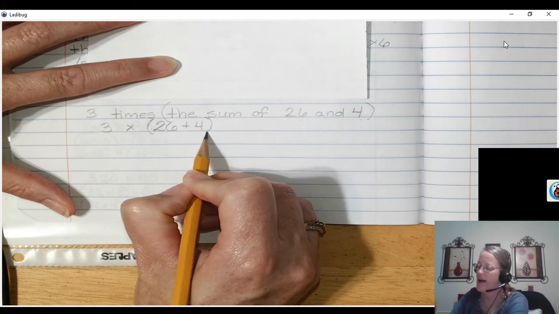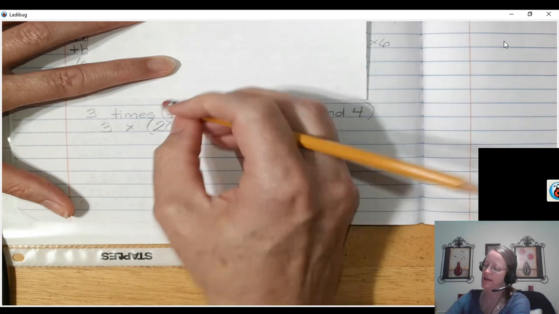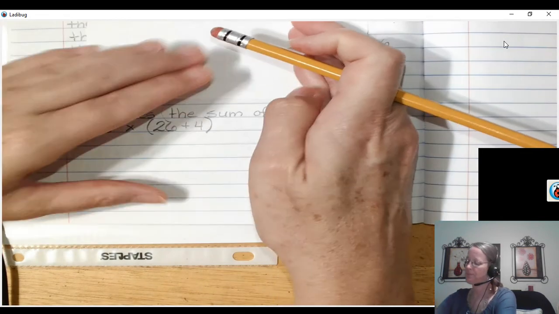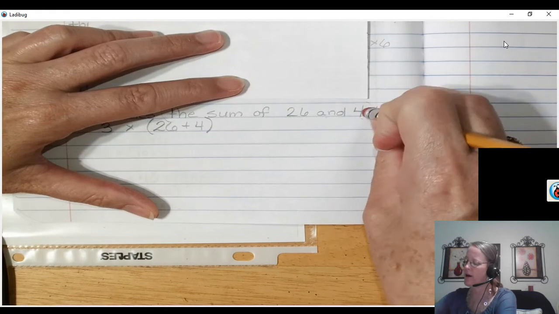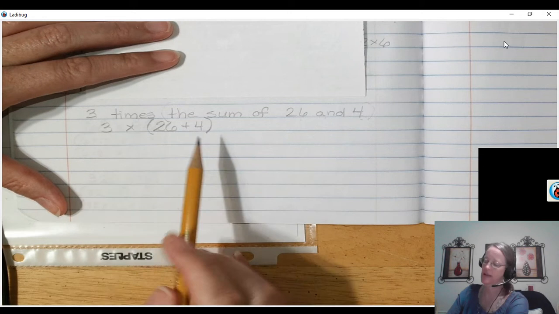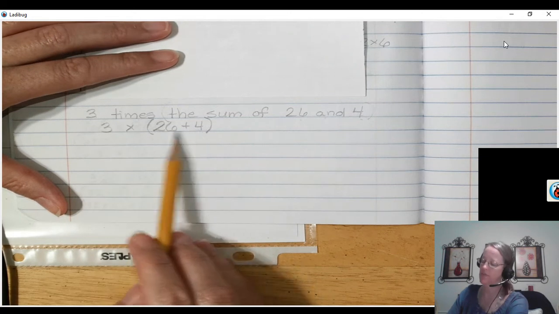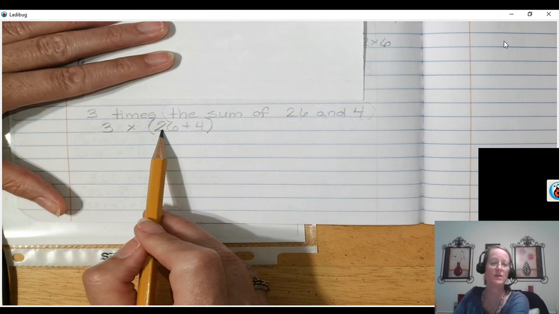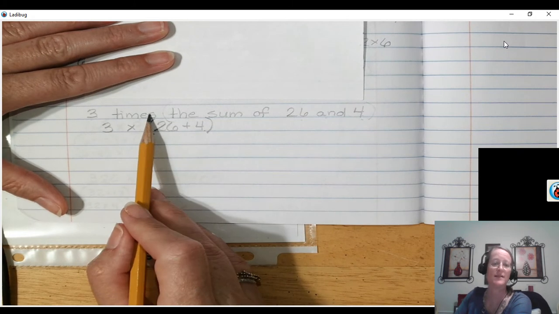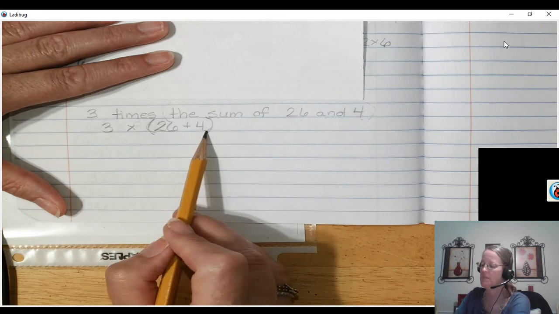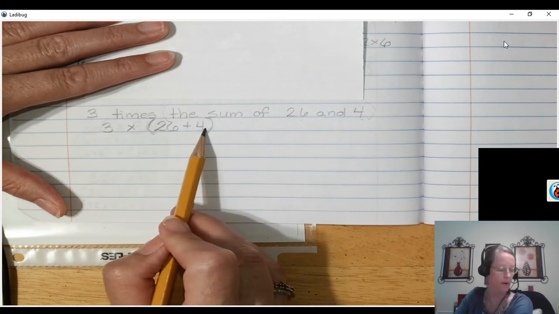But that needs to go in parentheses, okay? Because we want 3 times this amount. So the numerical expression that goes with this phrase is 3 times, parentheses, 26 plus 4.